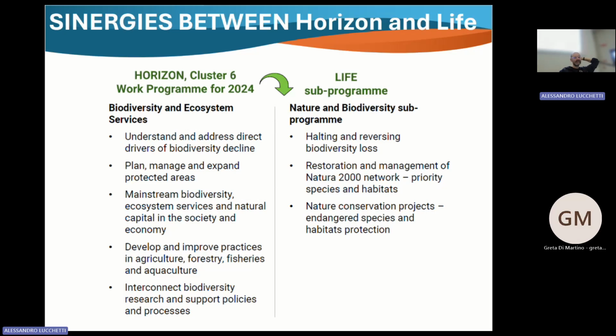Okay, you can skip this part and we can simply slide down, but this is just to show you that there are several common points between the Horizon and the LIFE project. The Horizon tackles the project from a research point of view. The LIFE project tackles the same problem, but as an application.